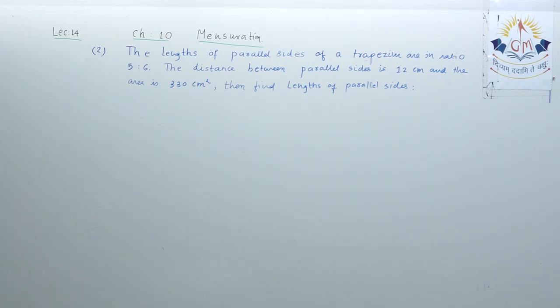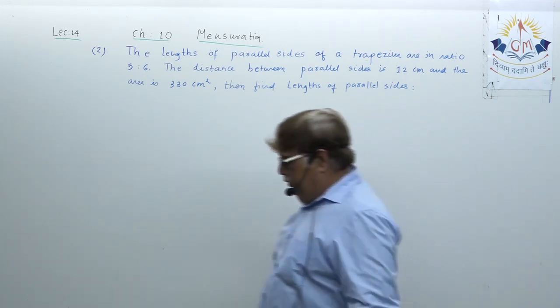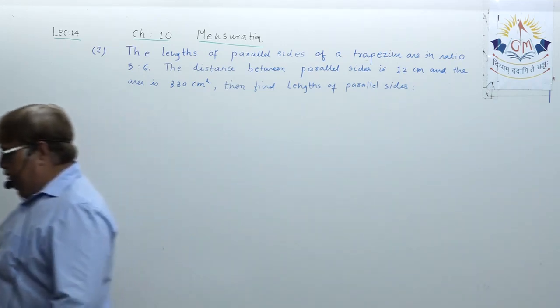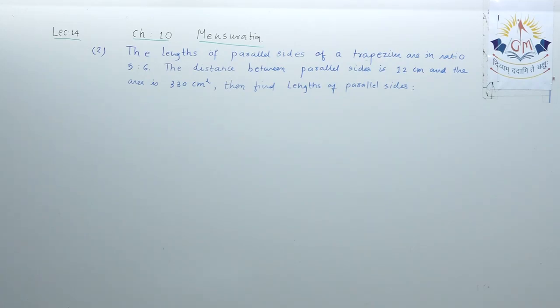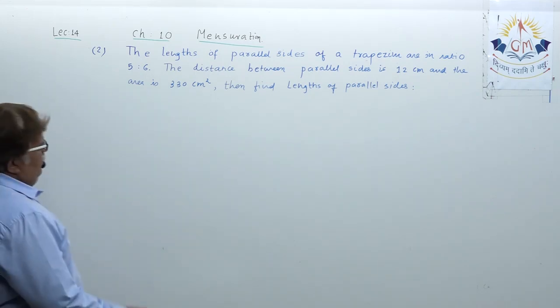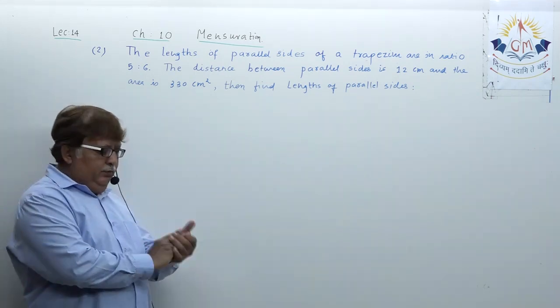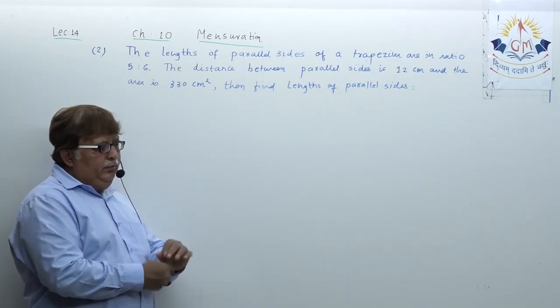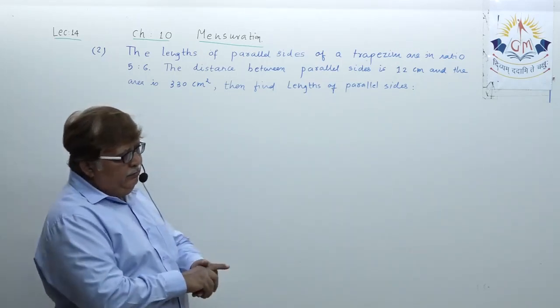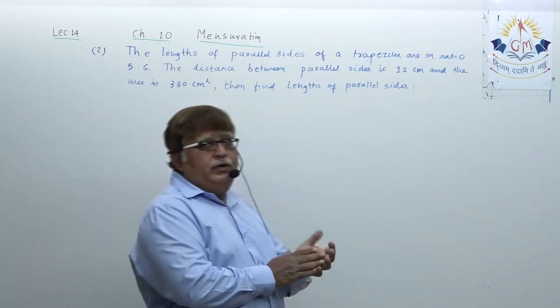But first you need to concentrate. How will you solve this particular example? Just think, and remind yourself of the formulas you have already learned. You know the formula for the area of a trapezium. What is that formula?